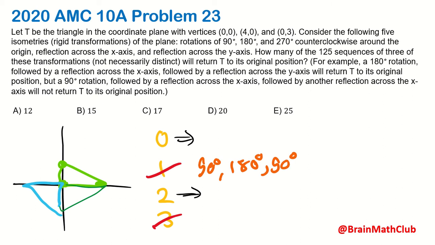This is different than a 180-degree rotation, and then a 90-degree rotation, and then another 90-degree rotation. So, because these two cases are different, we must also separate them. Out of the possible sets that we have, we just have 90, 180, and 270. We can only do these rotations.